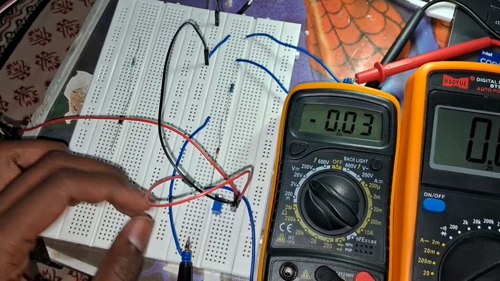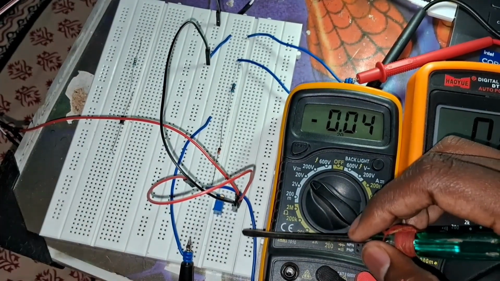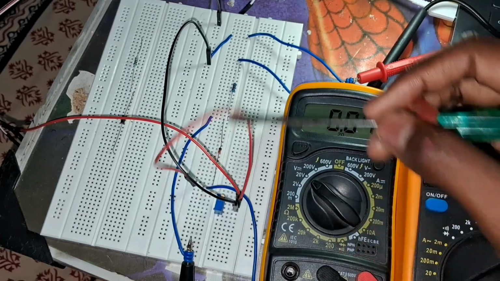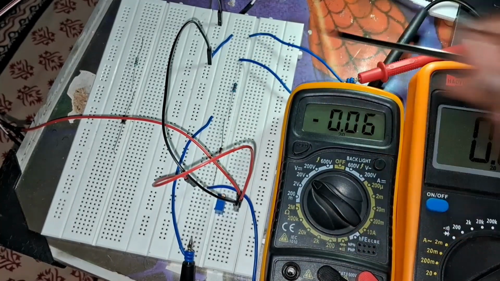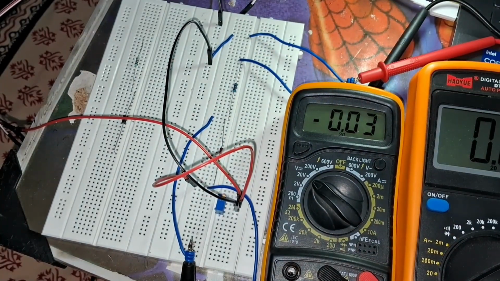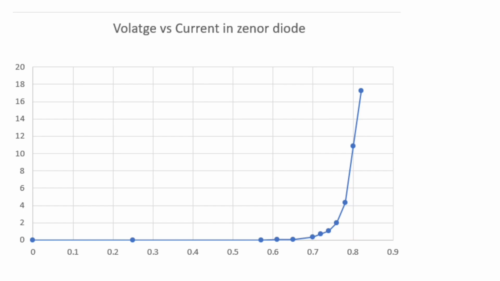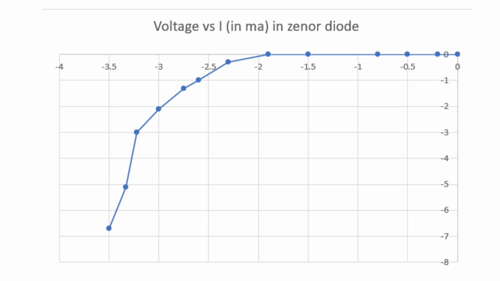And for the reverse bias, basically I will change the polarity of the voltages. Okay. So after performing the experiment, I found this curve on forward bias, and for the reverse bias I got this curve.